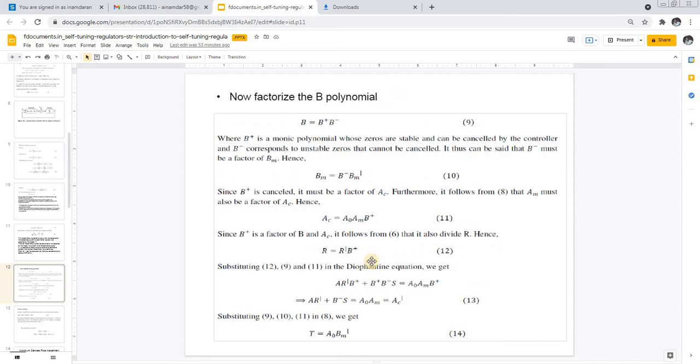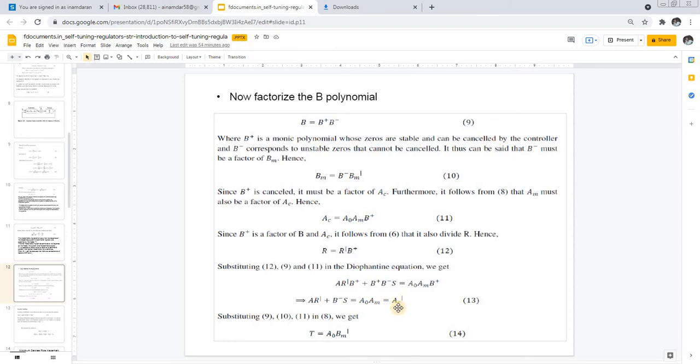Just putting the three equations into the equation of Diophantine, we get this equation. Now simplifying it, we get AR dash plus B minus S equals A naught AM, equals AC dash.